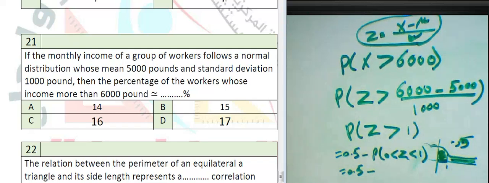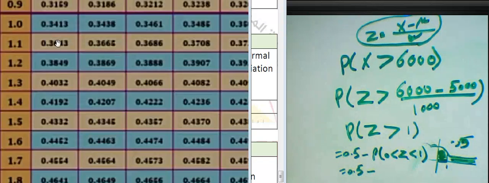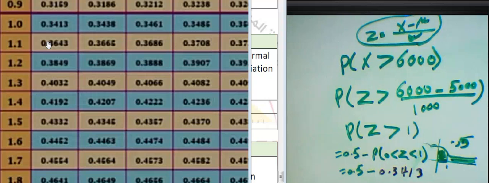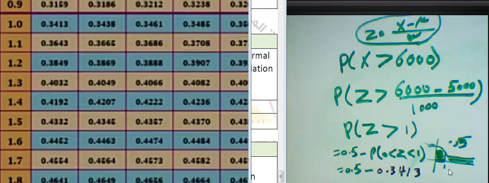Find the area in the table for 1. The result will be 0.5 subtract 0.3413. You can use a calculator to find the result.